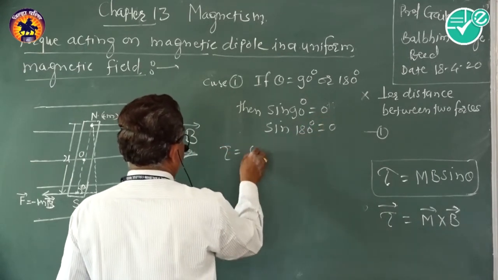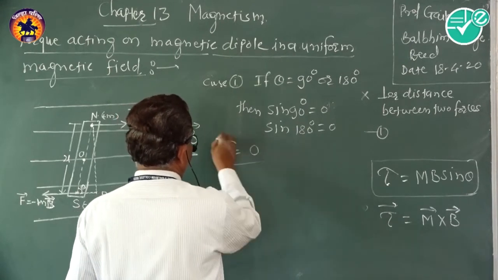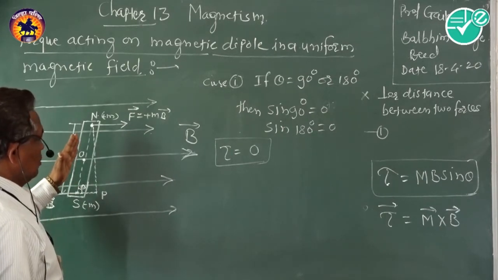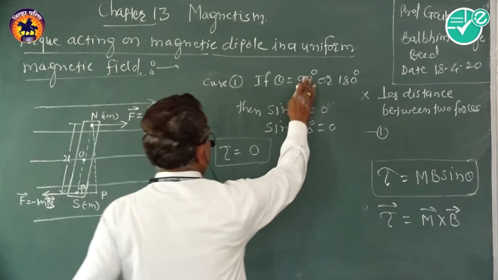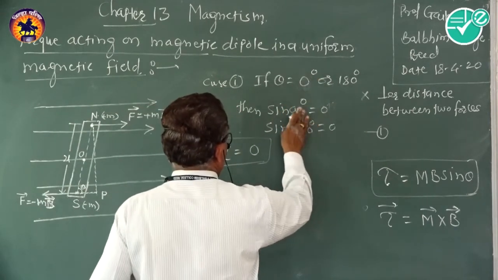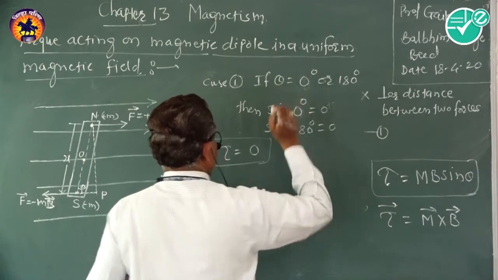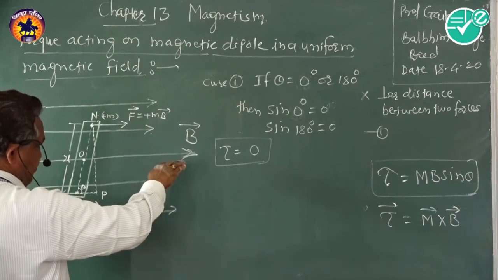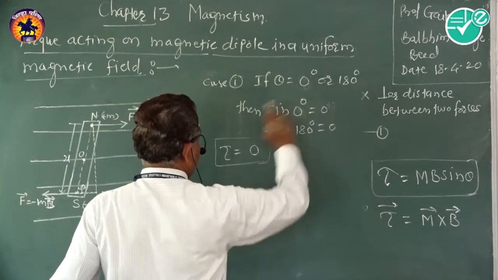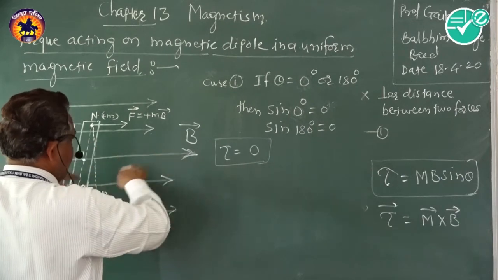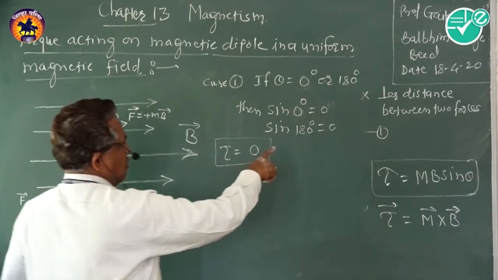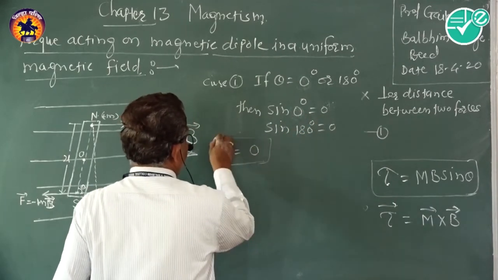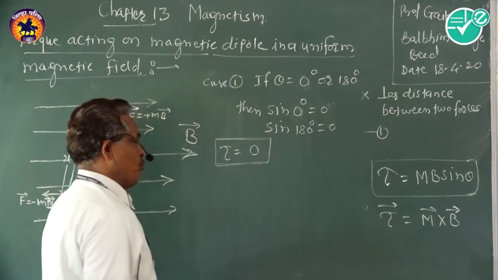Therefore, torque acting on the magnet is equal to 0 when this magnet is parallel to magnetic induction B. That means theta is equal to 0 or 180 degree. Therefore, torque acting on the bar magnet is equal to 0.